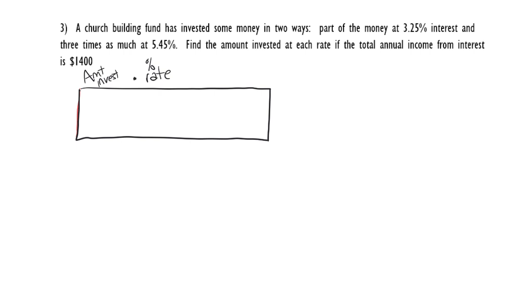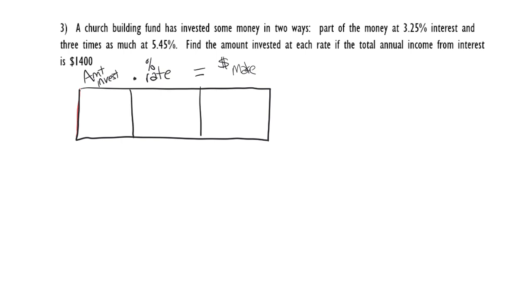Or if you're investing for 6 months, you'd be putting in a 1/2 because that's half of a year. Now, this particular problem doesn't have the time to worry about, so I'm not going to mess with it. And I'm just going to set it equal to the money that I make ultimately. How much interest did I make on that?